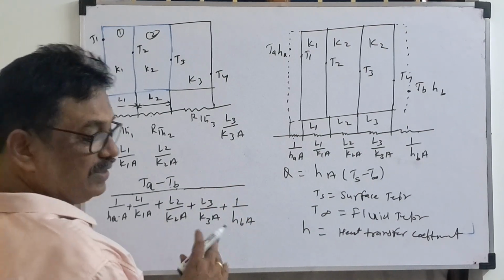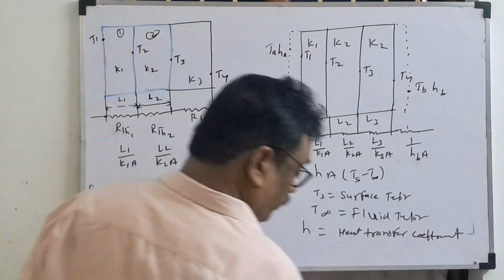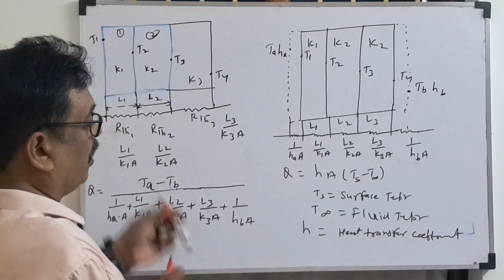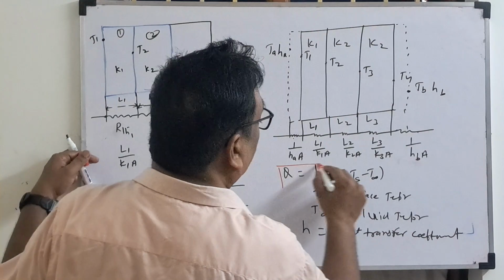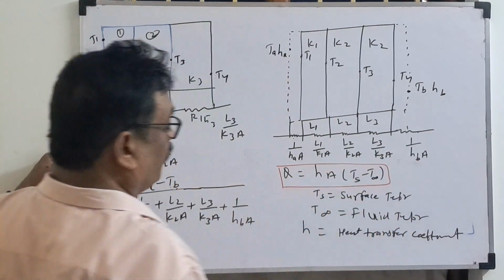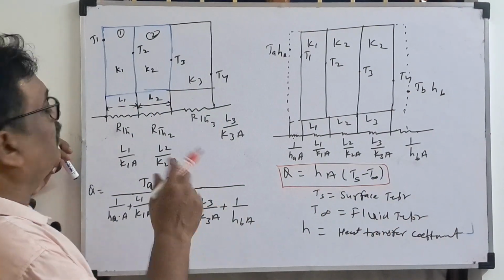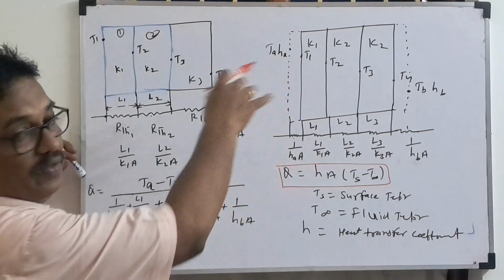All these formulas are in the data book, but you should know at least the face of this formula, so you can see it and identify, oh, this formula is for this problem.